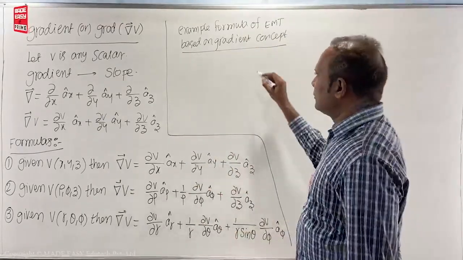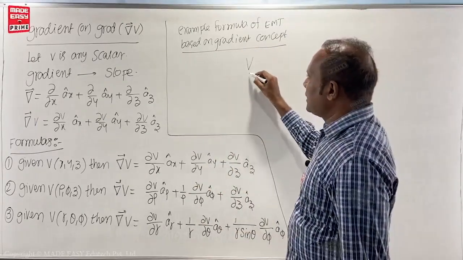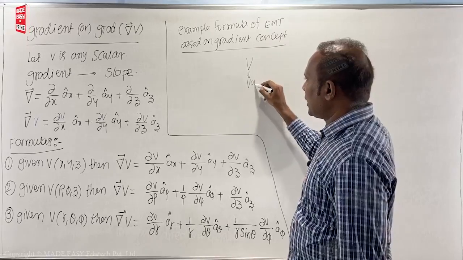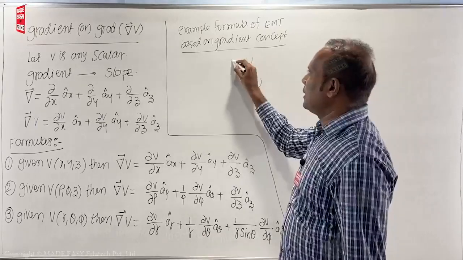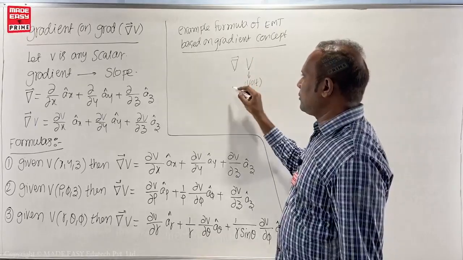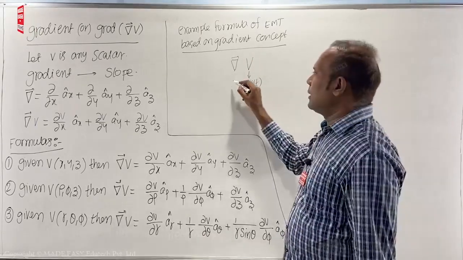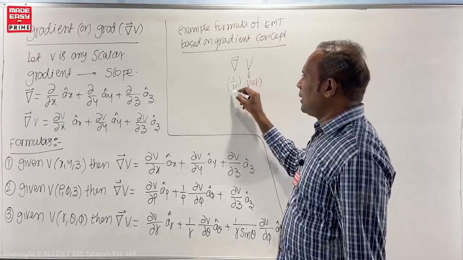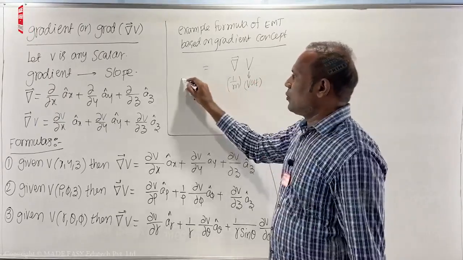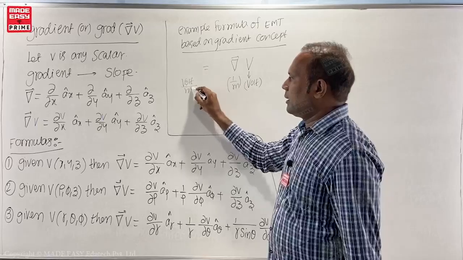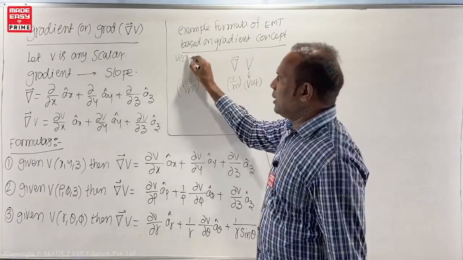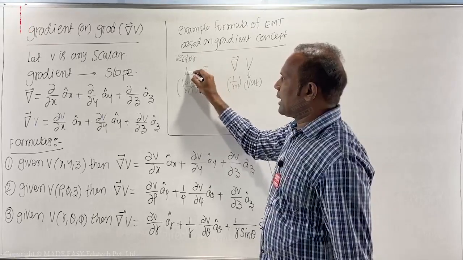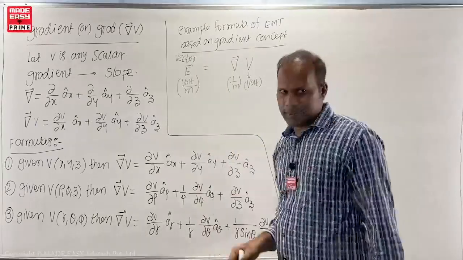Already I told you, if you take V as electric potential, the unit is volt. Then you take grad here, so the gradient of V, the unit of this is 1 by meter. So the product unit is volt per meter. So this gives a vector, and a vector in volt per meter is electric field intensity in our subject.